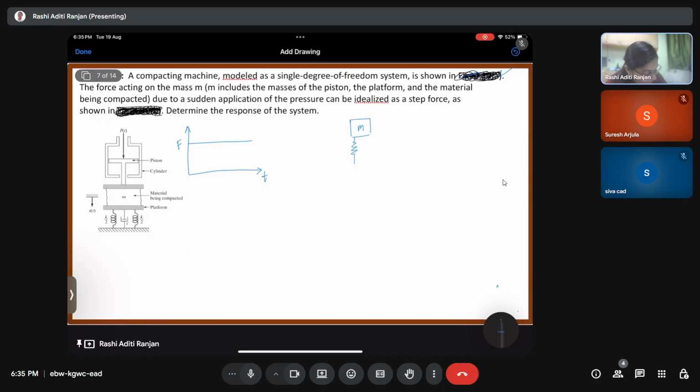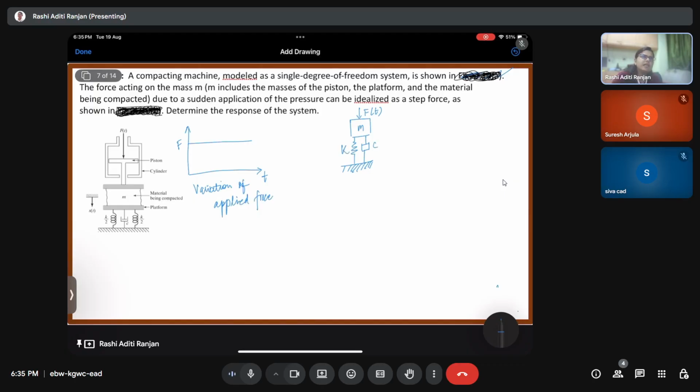There is a spring, there's a dashpot, and then we have F as F of t, whose variation I've shown here, the variation of the applied force. We have to find out the solution.